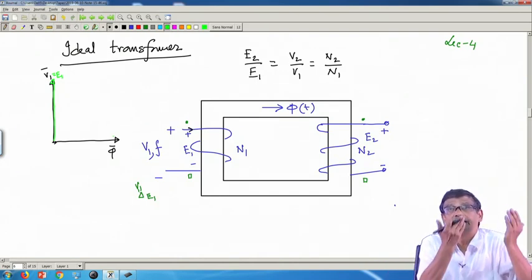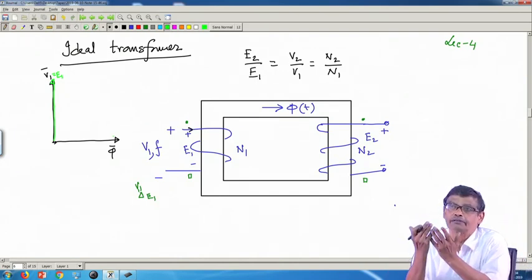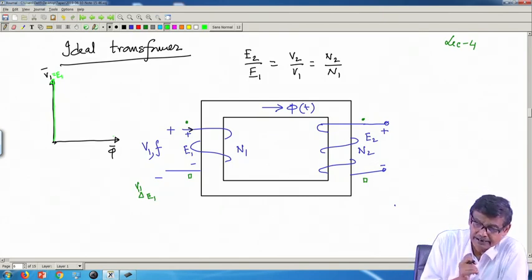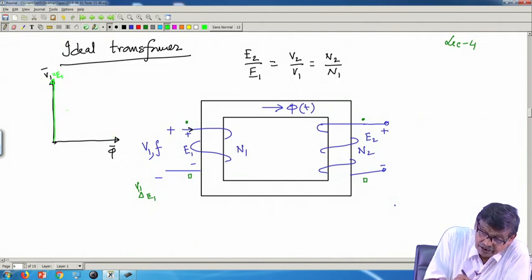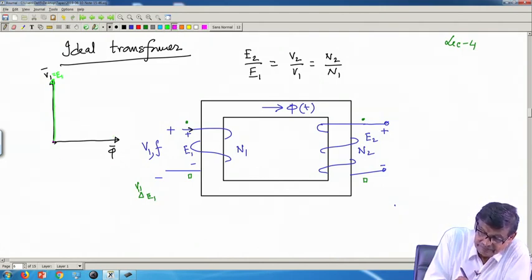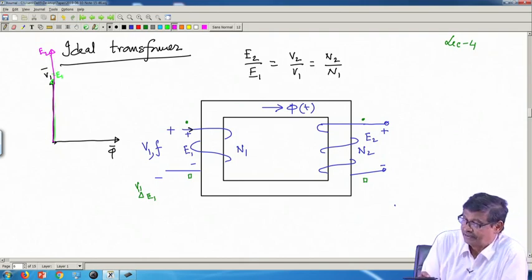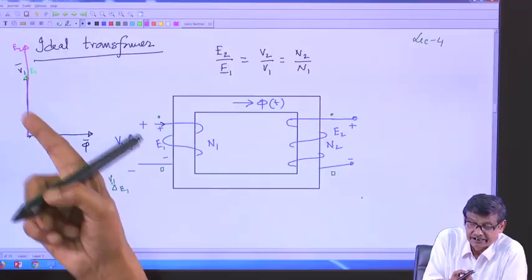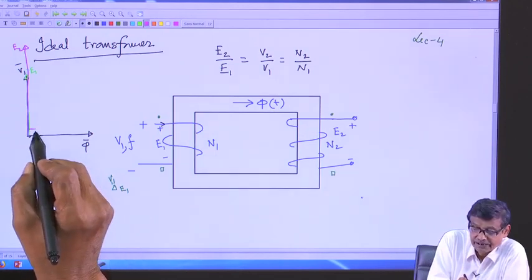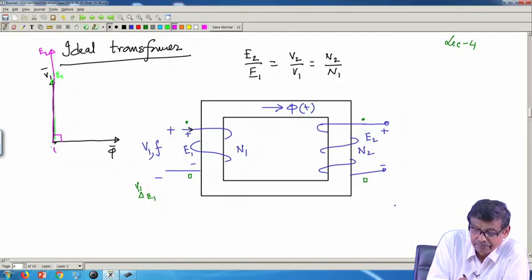When V 1 attains maximum, E 1 attains maximum. So, I will draw like that. Similarly, E 2 will be along the same lines, its length may be different depending upon if N 2 is greater than N 1, it will be above and this angle will be 90 degree. I m, magnetizing current, is vanishingly small.